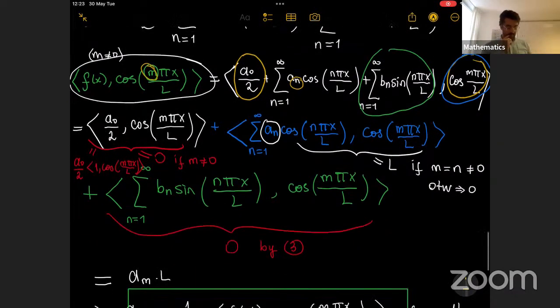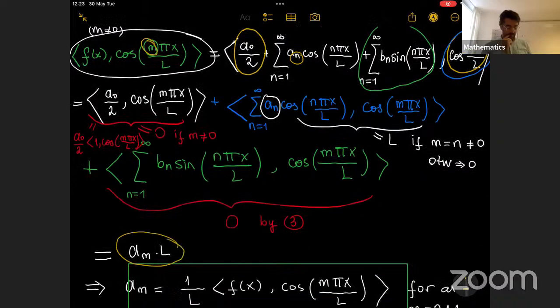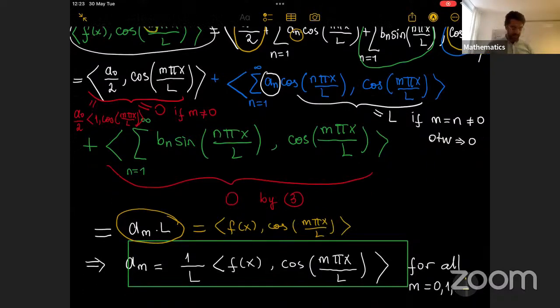And we end up with that one. So it's equal to f of x comma cosine m pi x over L, right? And this implies that am is equal to 1 over L. So we divide by L on both sides.